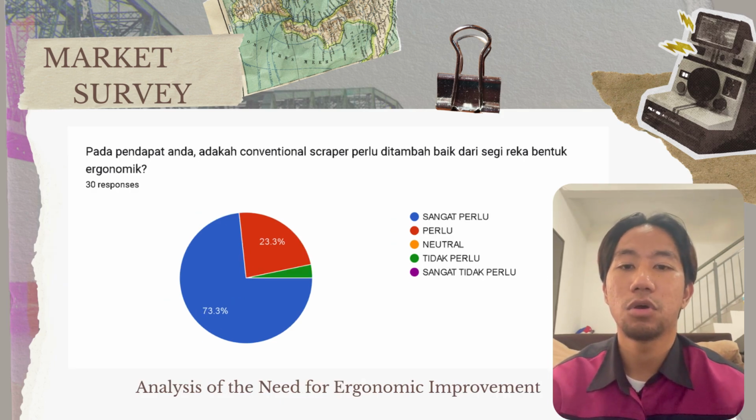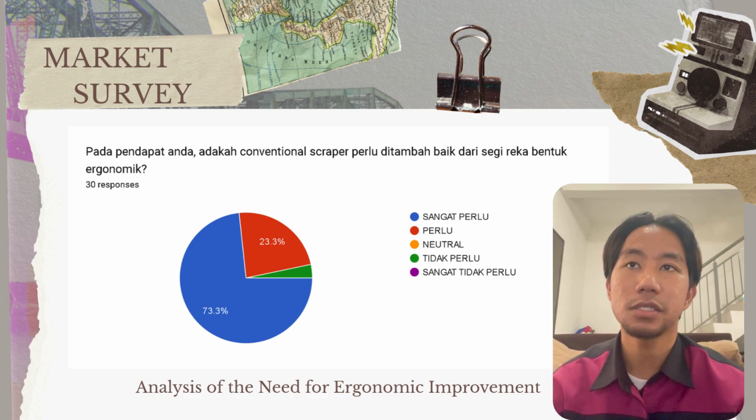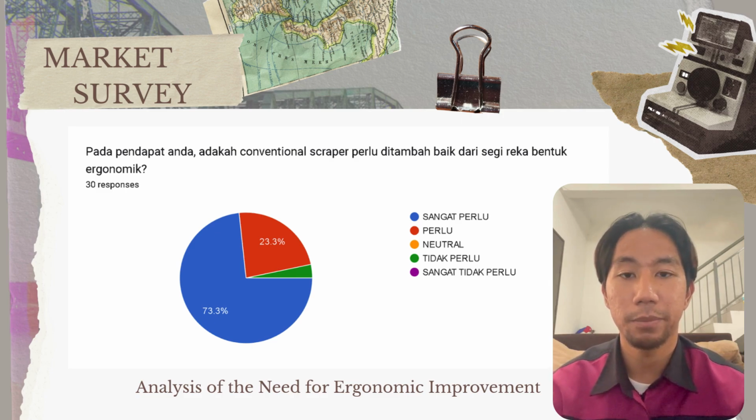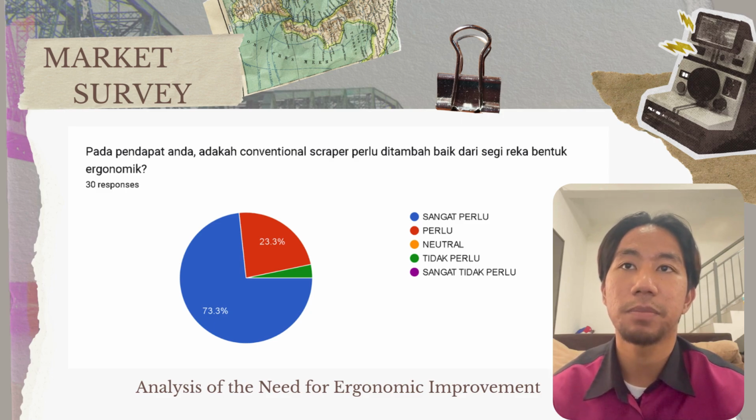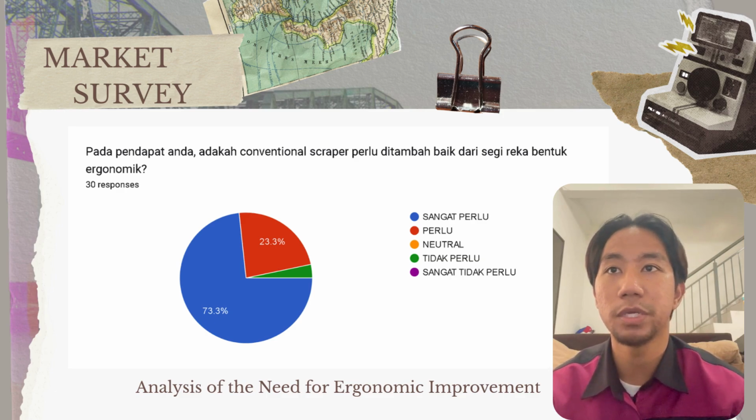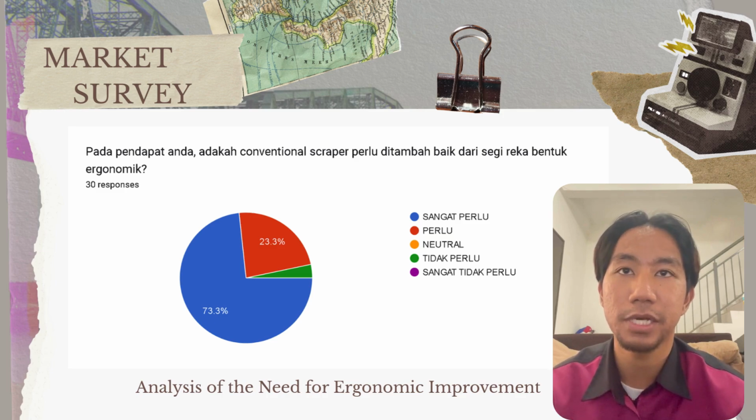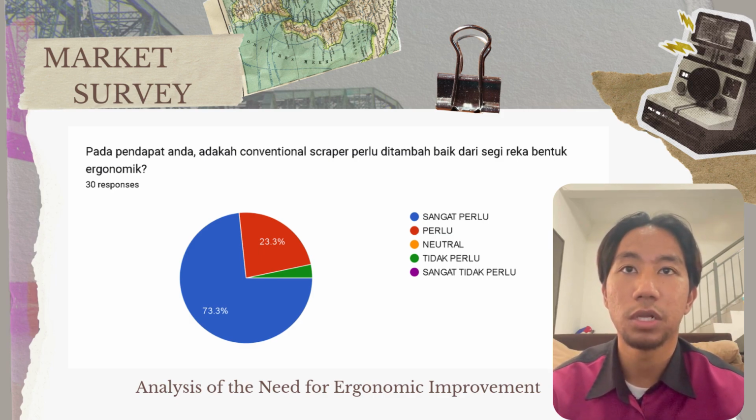Okay, next for question of analysis of the need for ergonomic improvement. This pie chart addresses user opinions on whether the conventional scraper needs to be improved from an ergonomic design perspective. The data shows an overwhelming consensus in favor of redesigning the tool.